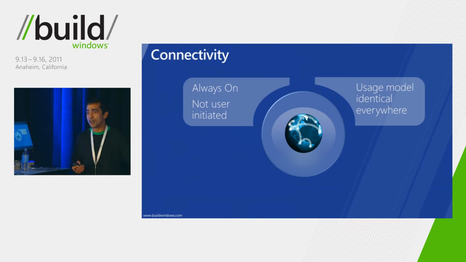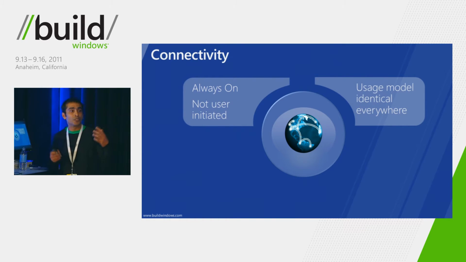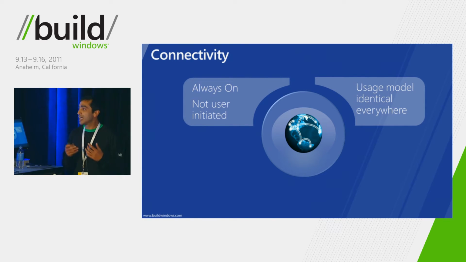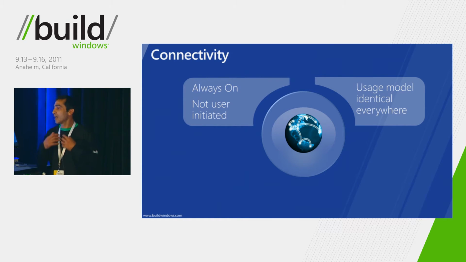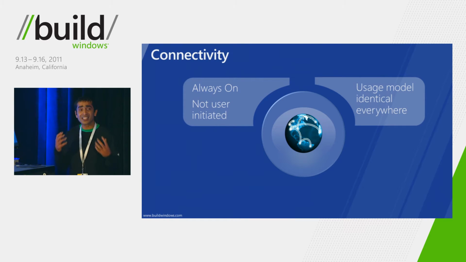As you saw from Scott's demo, the remote access connection is always on. There's no user initiation. It just works. If you're connected to the internet, you're connected to your CorpNet. That is a very important thing to keep in mind.